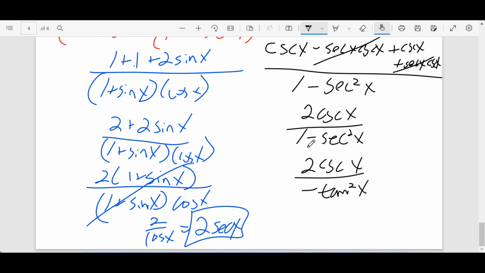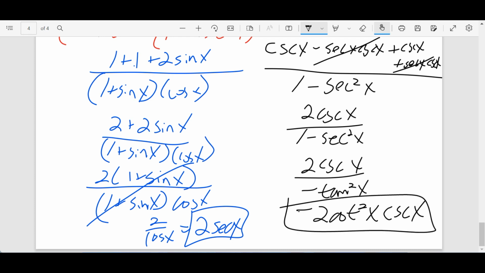Then I don't want any of my final answers with anything in the denominator if possible, so it'll be negative 2 cotangent squared x, because that's the reciprocal of tangent, times cosecant x. There's your answer. Appreciate you watching. We'll see you in class.